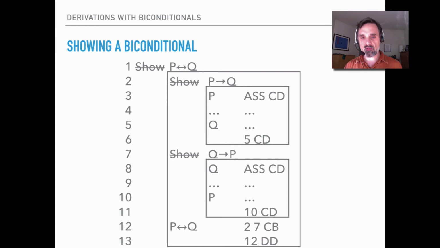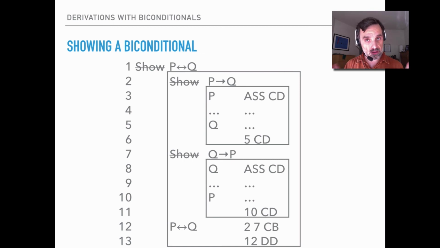Once you get both of them, so you've completed the subderivation on line 2, and then you've separately completed the subderivation on line 7, you would apply CB, and that gives you the biconditional, and then you say direct derivation. So this is as involved as it will get, and most of the derivations you're going to be starting with will be simpler than this, but in general, if you're asked to show a biconditional, this is how it can get this involved. You would separately show each of the conditionals. Maybe you won't have to.